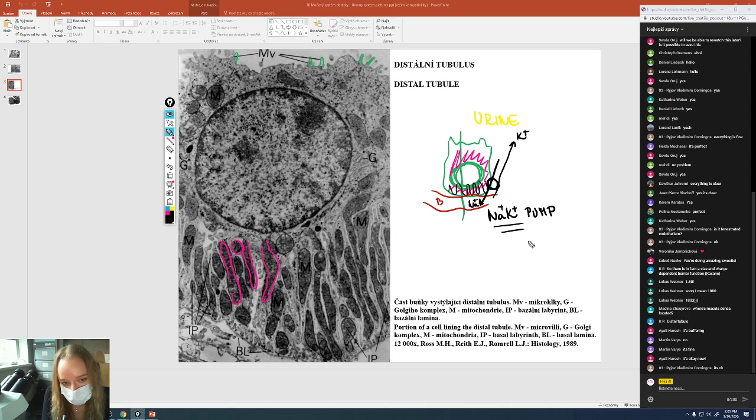And this pump functions due to a hormone. It's dependent on aldosterone, because aldosterone is making this pump active.